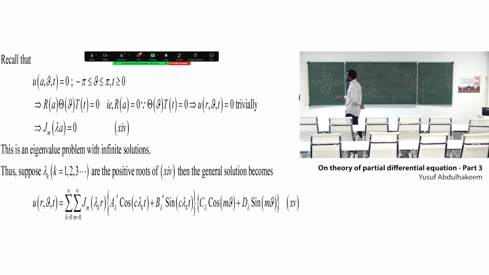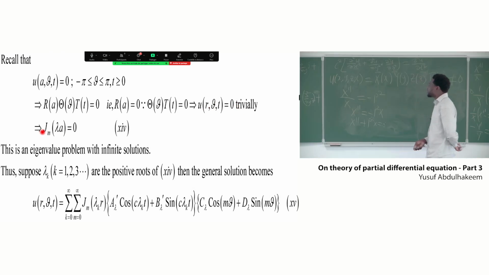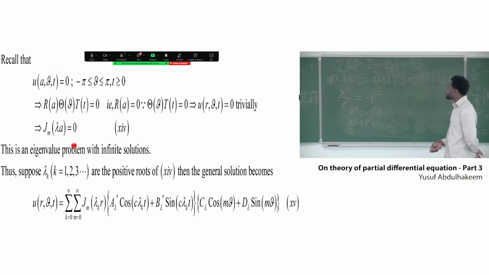And so here now we have this to be equal to 0. That is, we have R of a to be equal to 0. Therefore, if the whole of this is equal to 0, then it implies that R of a is equal to 0. This equal to 0 implies that u of r, theta also is equal to 0, which is trivial. And then we have the Bessel function of lambda a also to be equal to 0.